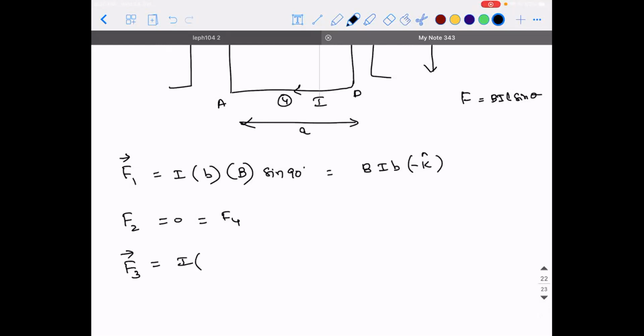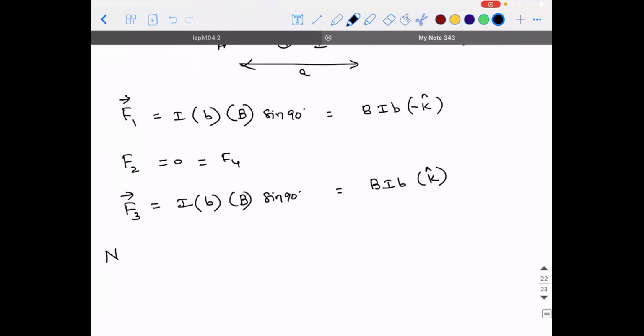I into B into capital B into sine 90 degrees. That will be BIB in the direction of k cap. Accepted? Yes, sir. Now, what is the net force? So net force is 0.